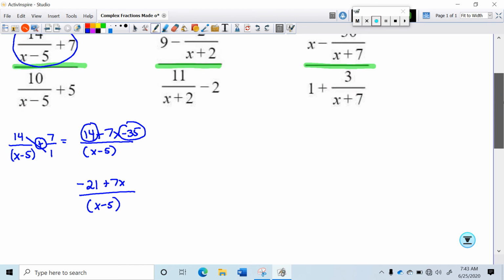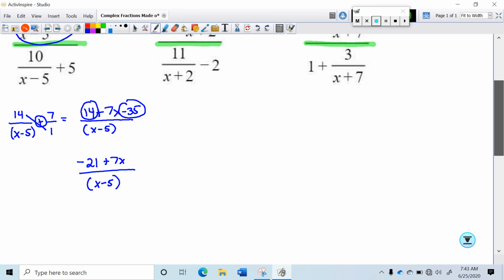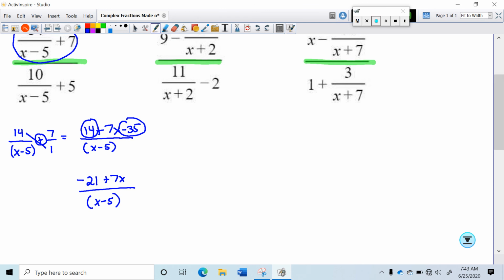That's the numerator. Now I'm going to do the denominator. 10 over x minus 5 plus 5 over 1, because you want everything to be a fraction to do this. Multiply the bottom. X minus 5 times 1 is just x minus 5.